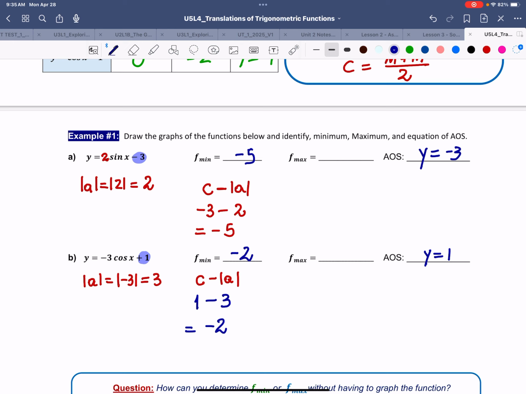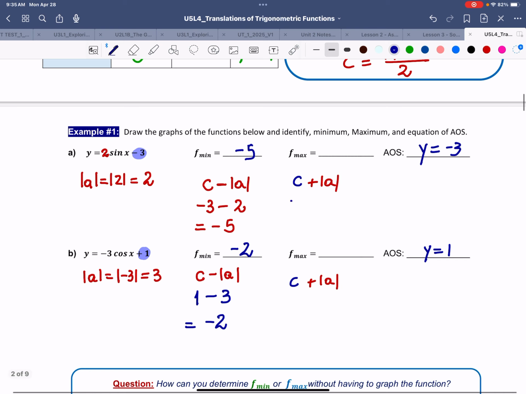Now, in a similar way, we reason about the maximum value of this function, but for the maximum, as we know, we go to the axis of symmetry, which is c, and now we add the amplitude. So c, and then plus the amplitude. And now all we have to do is substitute. Here we have a c value of -3, and here we have a c value of 1.